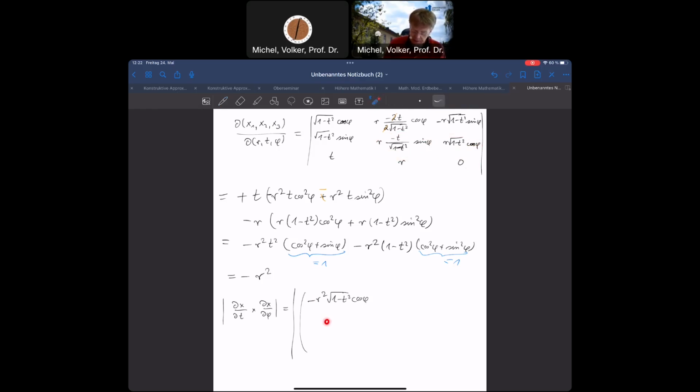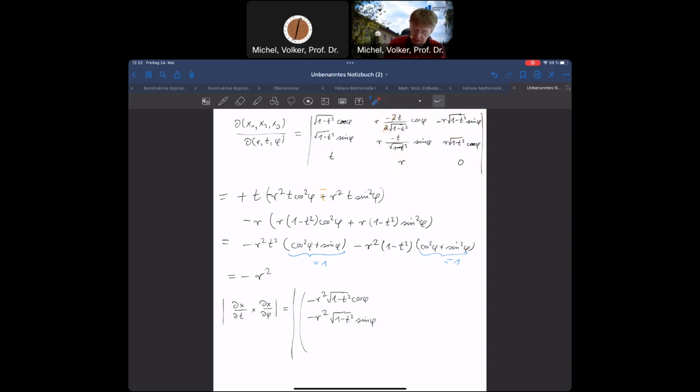Now the next one, the second component, you would take the third with the fourth, which gives you a minus r squared again, square root of 1 minus t squared, and a sine phi. Once again, that was this one with that one, minus the opposite version, which would be that one with that one, but that's a 0, so you're done.